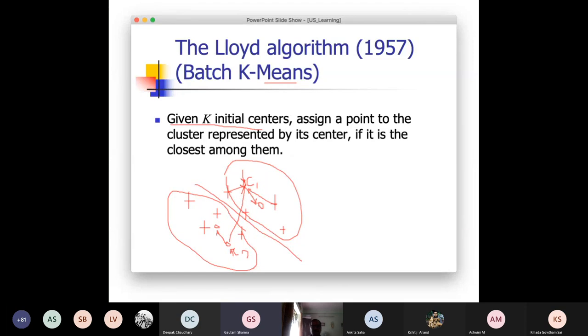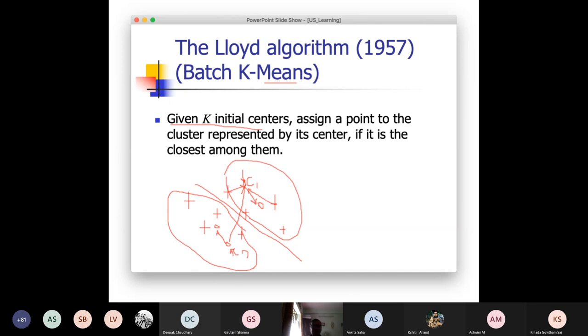For each, all the data points, you do it. Then we find the mean of both of the clusters, shift the centers, and repeat this algorithm. Exactly. Very good. Thanks.